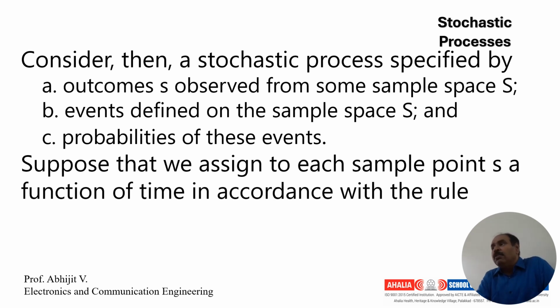What we are doing is creating a function or a relationship which maps every outcome of the experiment to one particular value. And this rule, what we have studied previously, is nothing but the random variable.